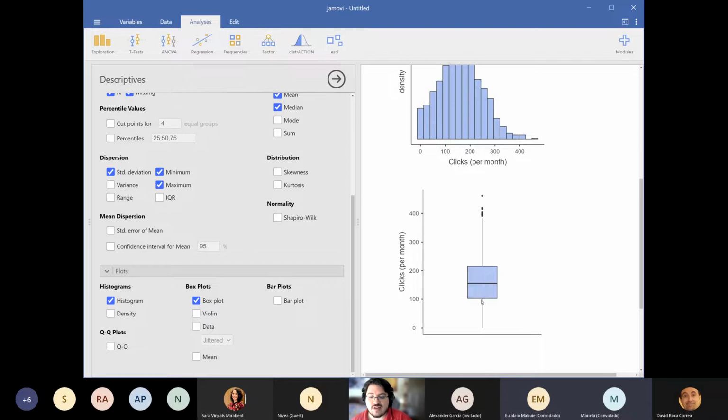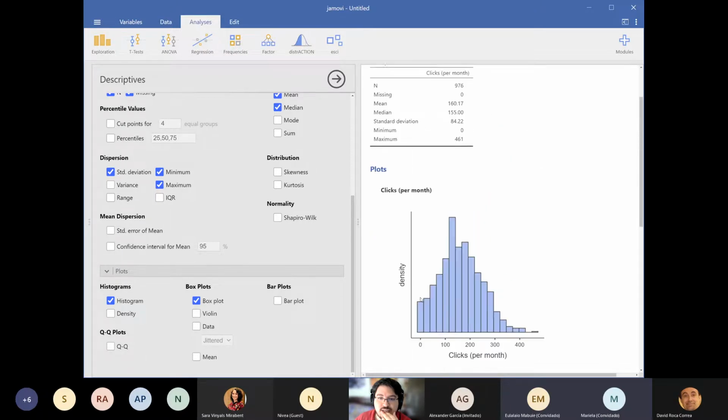And these lines from 100 to 0 are 25% of the number of clicks that you observe. And here between 200 and 400, these are the other 25% of the clicks that you observe. So again, we have clicks per month. The clicks per month go from 0 to 400 and a bit more. The midpoint, the median, is between 100 and 200 in clicks per month.